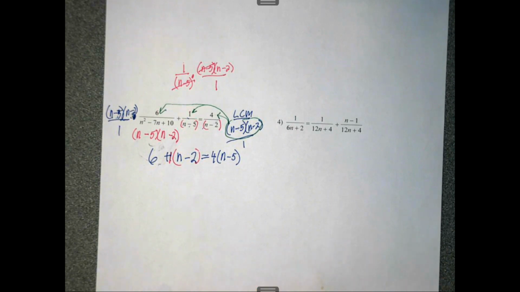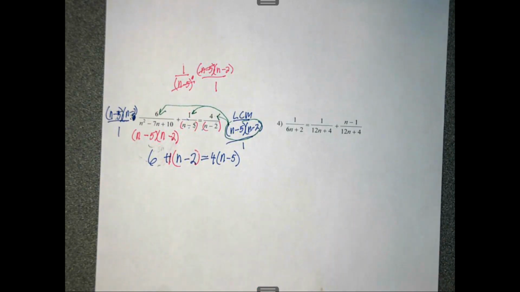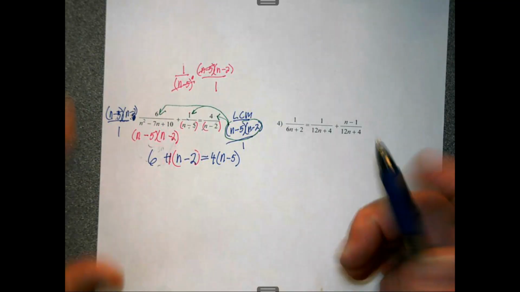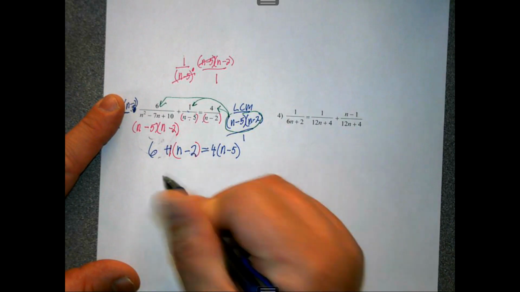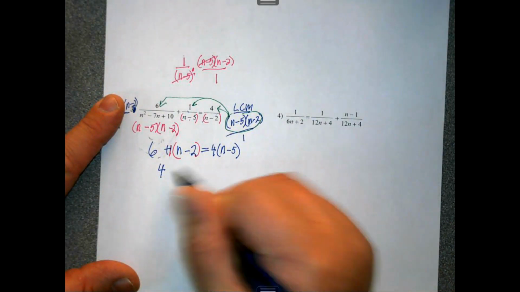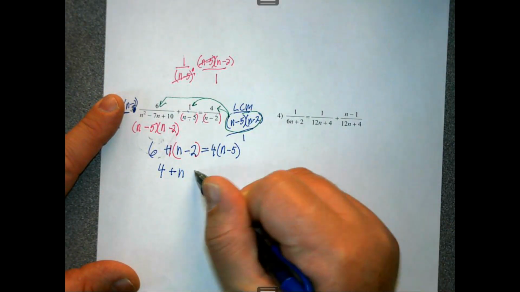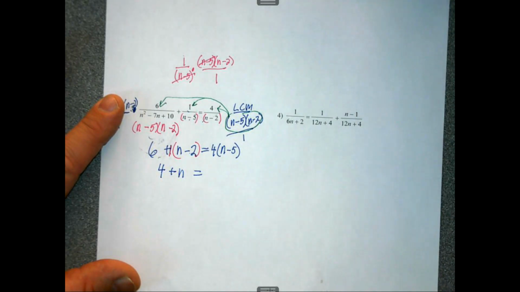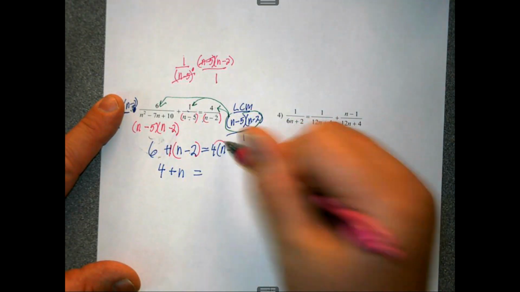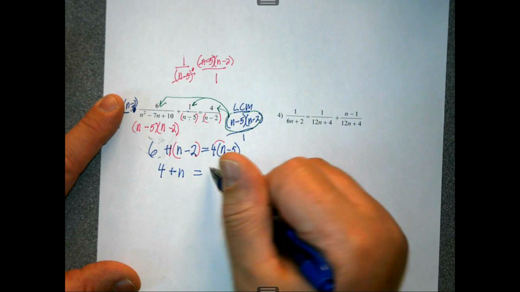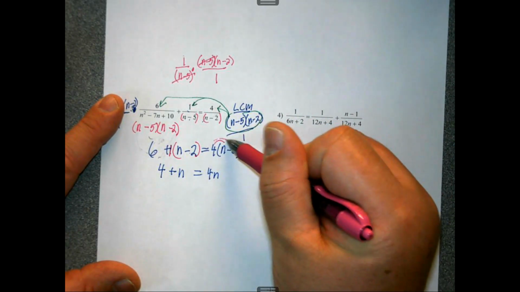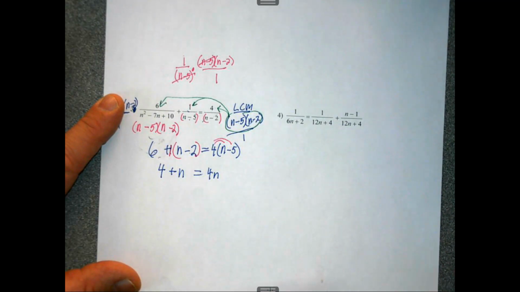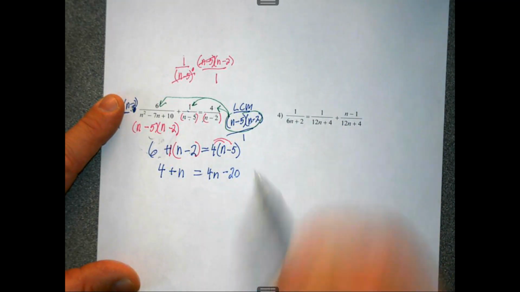All right, let's clean this up now. Now it's a pretty simple algebraic problem, right? We don't even have n squared. So I have 6 minus 2 is 4 plus n equals, and I got to distribute this, 4 times n, 4n, 4 times minus 5, minus 20.